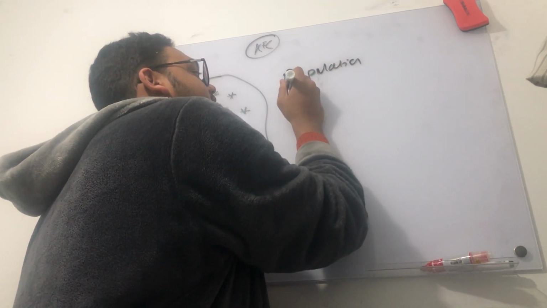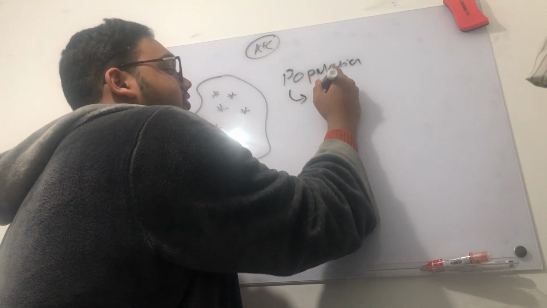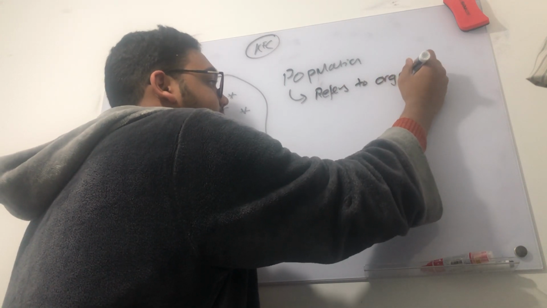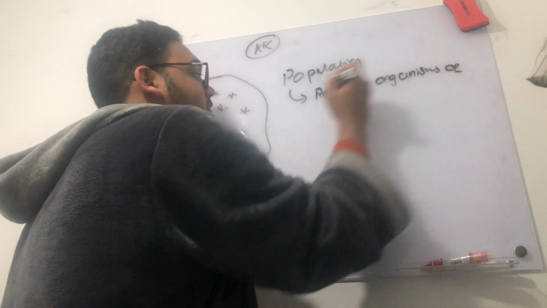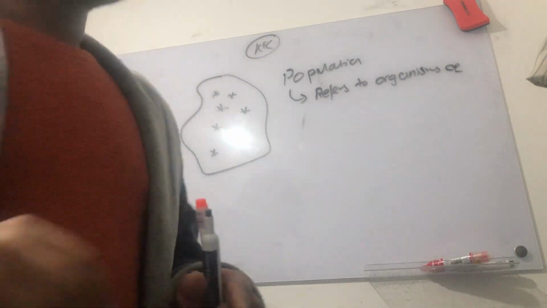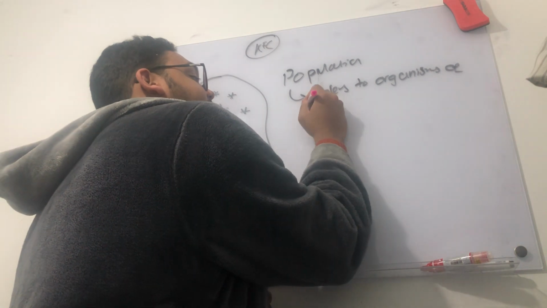Population. So a population refers to organisms of the same type. I'm going to do that in another colour because I need to signify that importance. They have to be the same type.